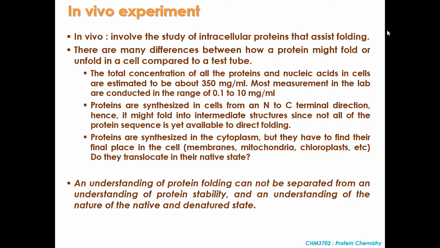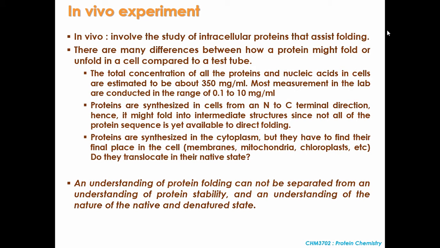Okay, other than in vitro, where you use the machine to see whether the protein folds or not, you can also do the in vivo experiment to study the intracellular protein that assists folding. So in this case, of course, you need chaperonin to help the protein to fold.